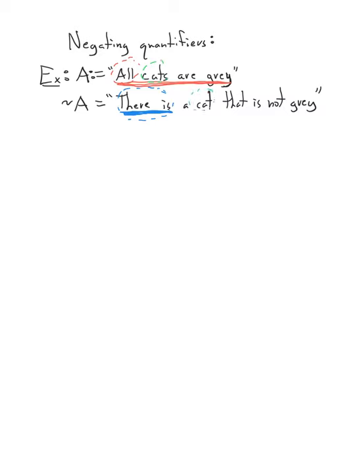Let's look at the next bit. In the original statement it was they are gray. In the new statement, it's the negation of that: they are not gray. In general, there's nothing special about cats or being gray.